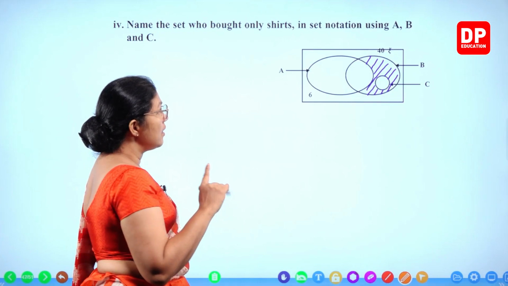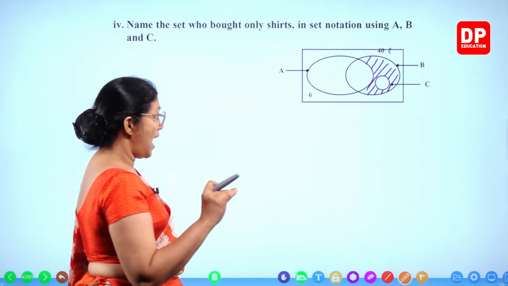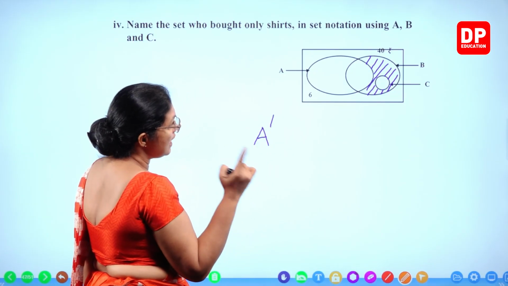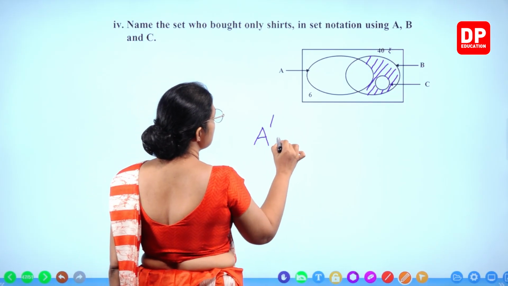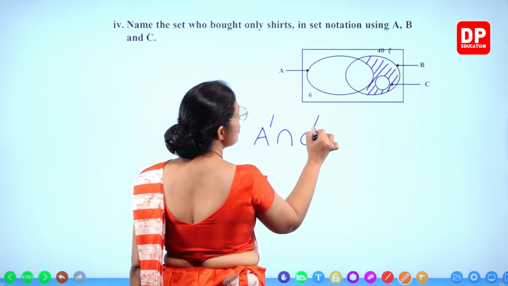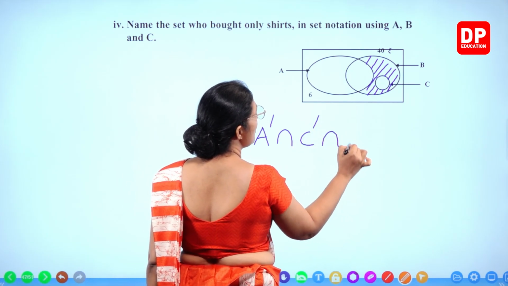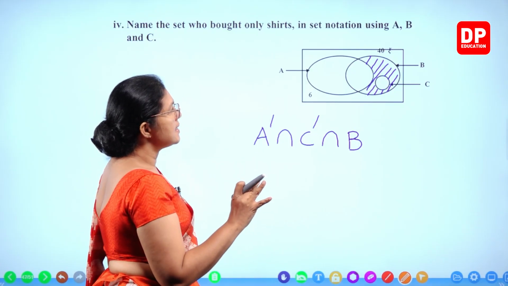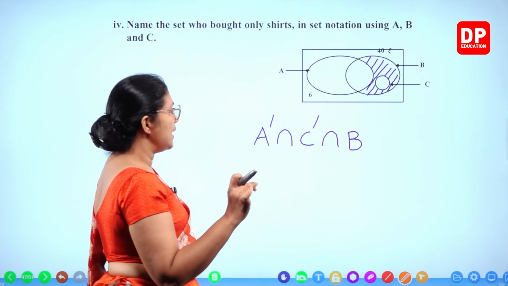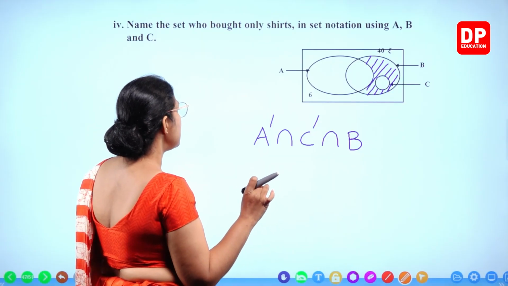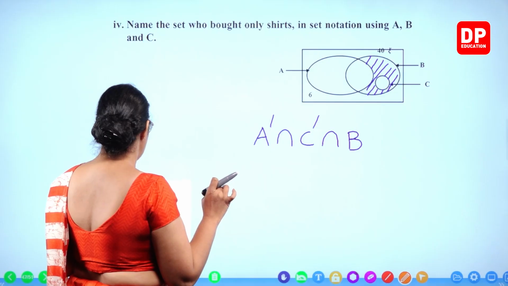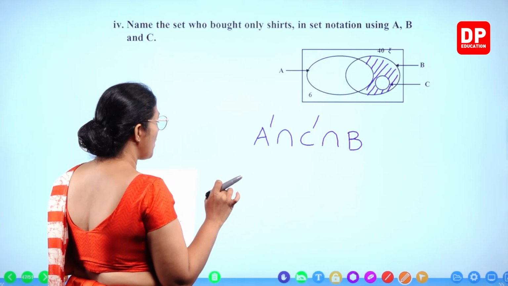It should be outside A dash, and also C dash. Intersecting C dash, intersecting B. Outside A, outside C, but inside B. A dash intersection C dash intersection B. So how many marks? 2 marks.